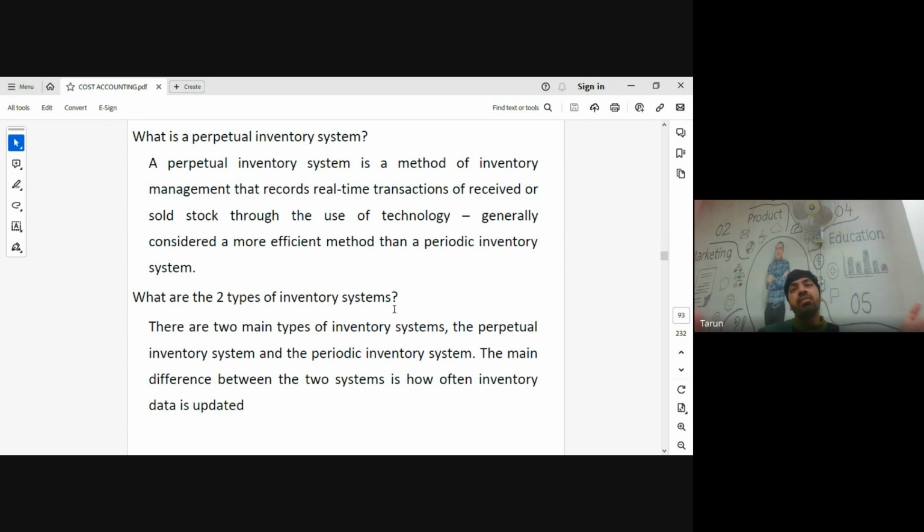So these are the particular roles in which these inventory systems will update or record each and every sort of data with respect to any inventory or stock.